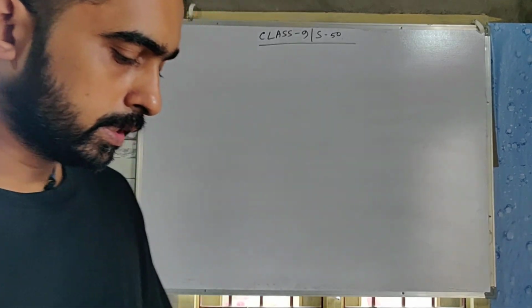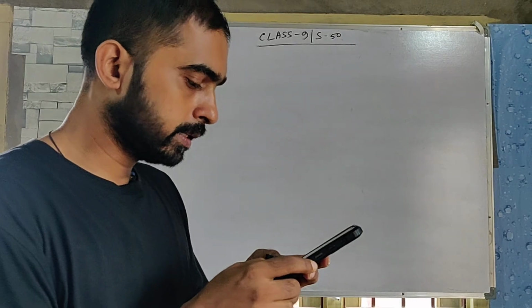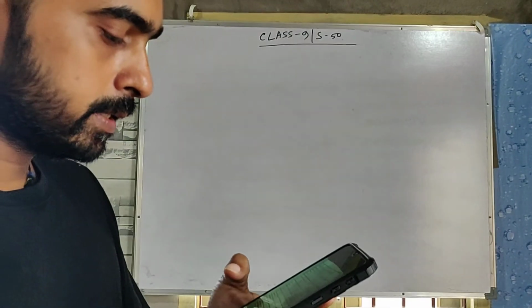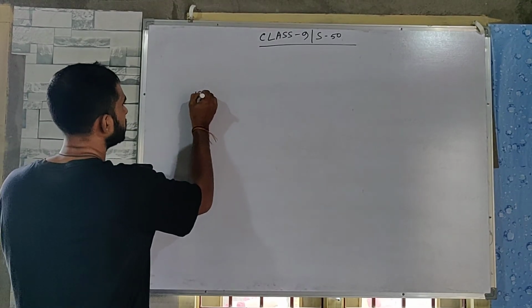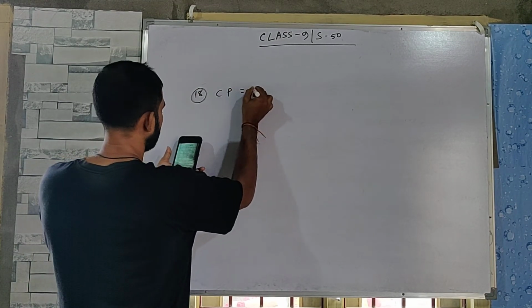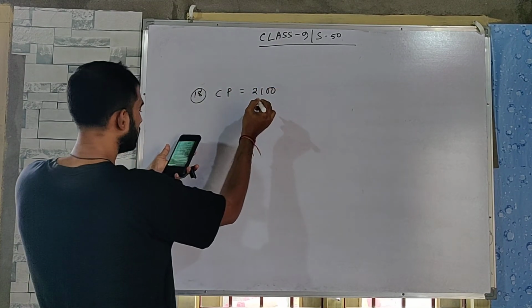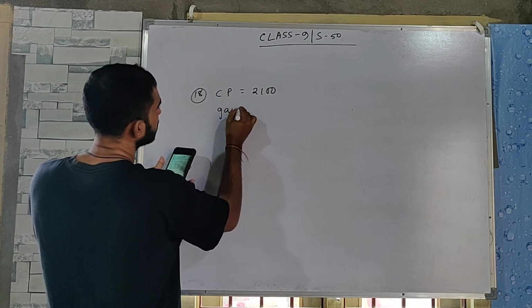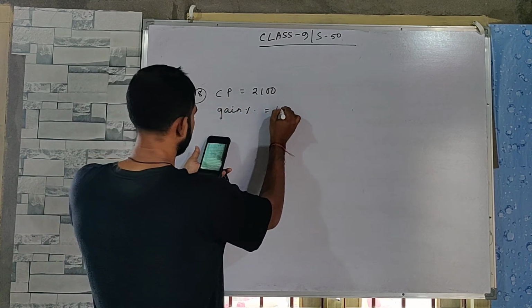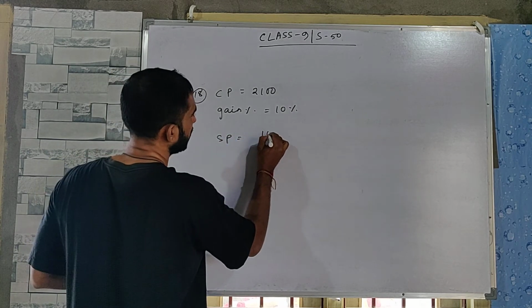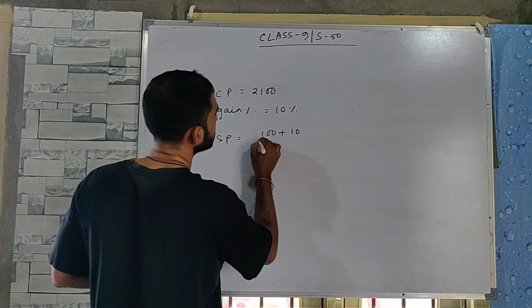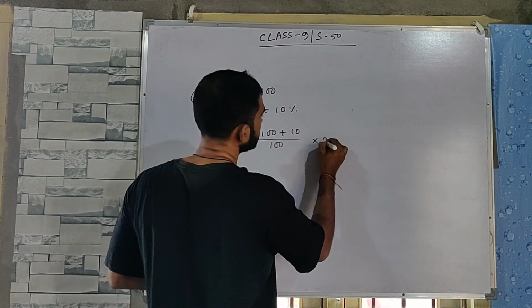Then see the next question. The CP of an object is given and we have to find the SP, gain percent given. So a simple question. CP equals 2100. Gain percent is given as 10%. So what is the SP? SP equals 100 plus gain percentage by 100 into CP.